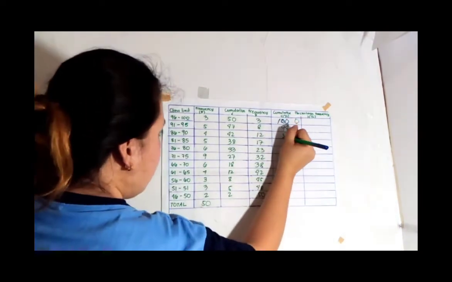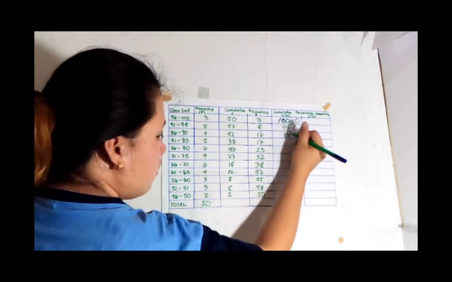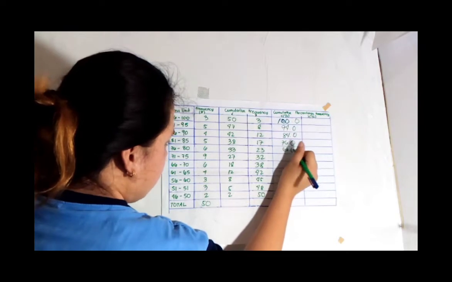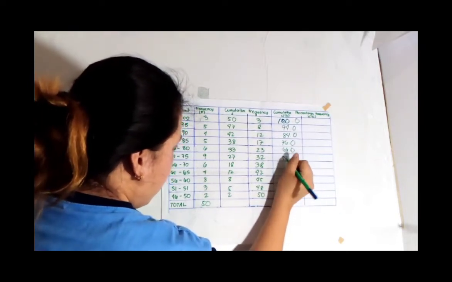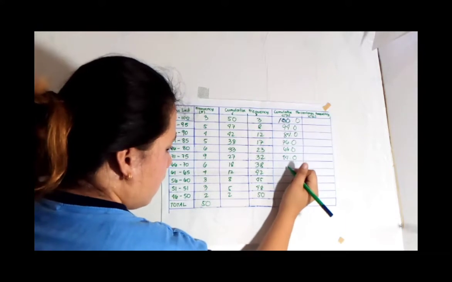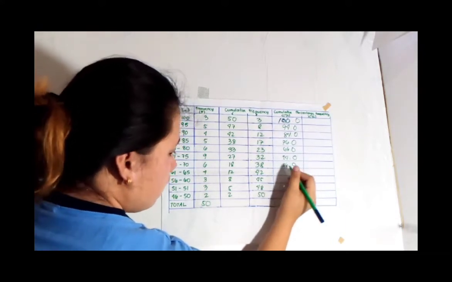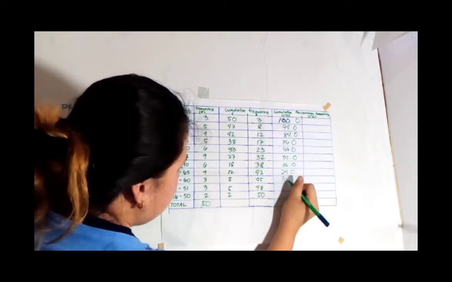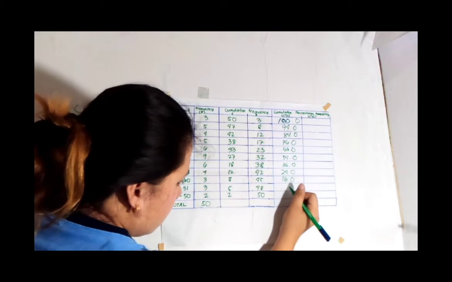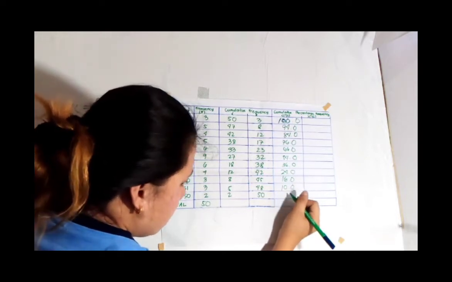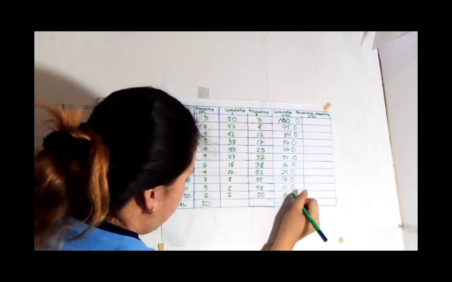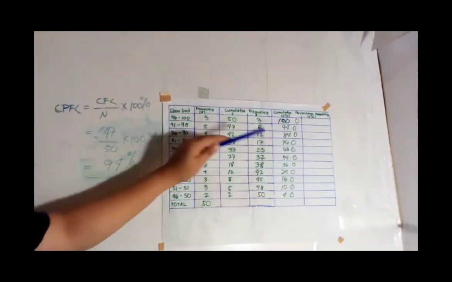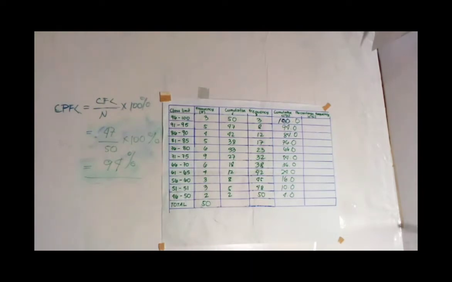So we have 84.0, 76.0, 66.0, 54.0, 36.0, 24.0, 16.0, 10.0, and last we have 4.0. So that is how to find the cumulative percentage frequency lesser than percent.